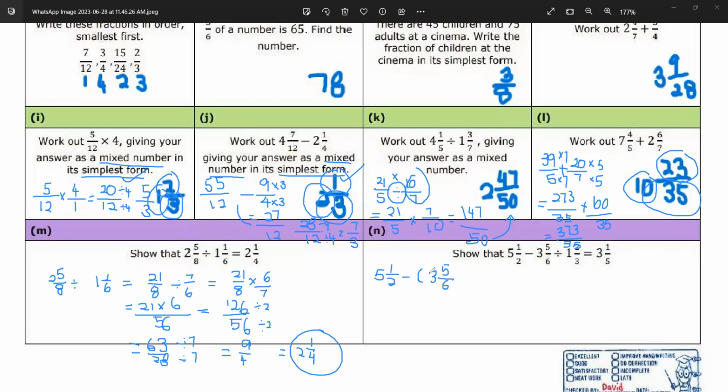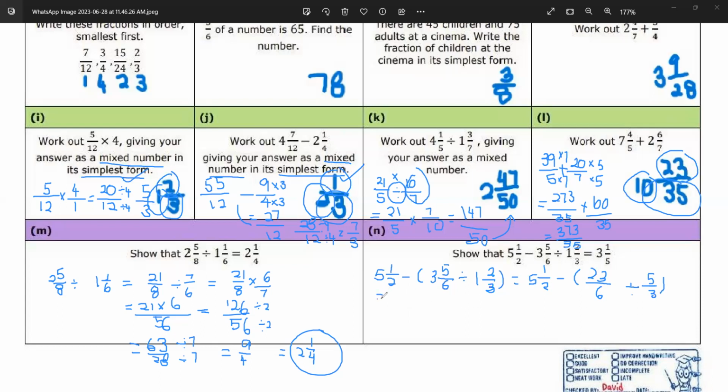So we'll do 3 and 5 out of 6 divided by 1 and 2 out of 3 first. Equals to, but same thing, we'll still copy this 5 and 1 over 2 minus, we change the fraction into improper fraction, which will become 23 out of 6 divided by 5 out of 3.